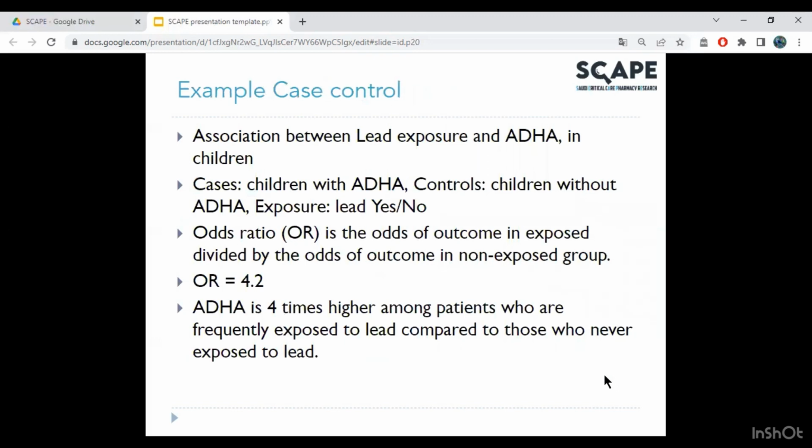This is an example of a case control. We want to study the association between lead exposure and ADHA in children.